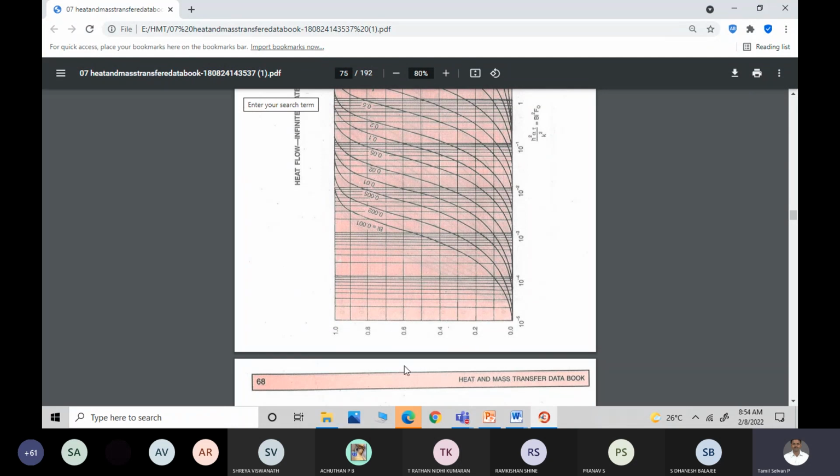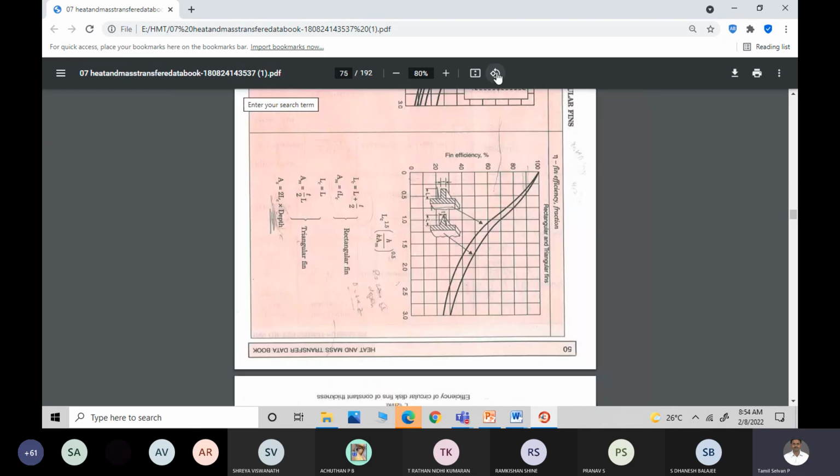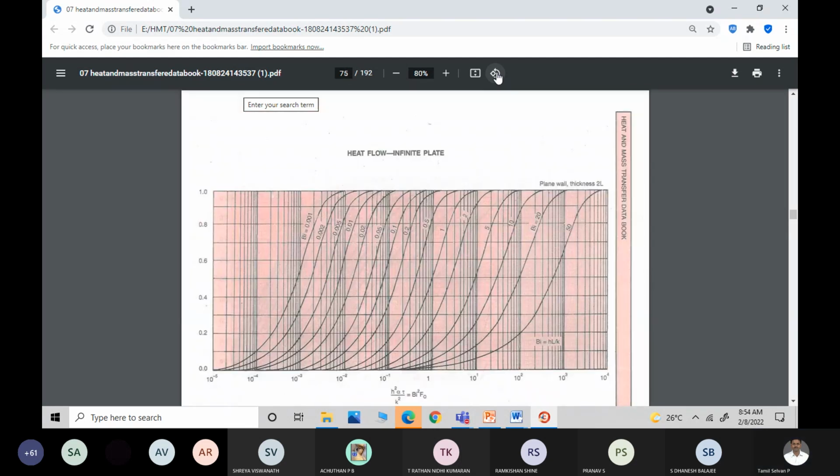The y-axis is Q by Q naught, and the x-axis is h squared alpha tau by k squared, or Biot number squared into Fourier number, and this is the Biot number. Is it visible? Yes, sir.